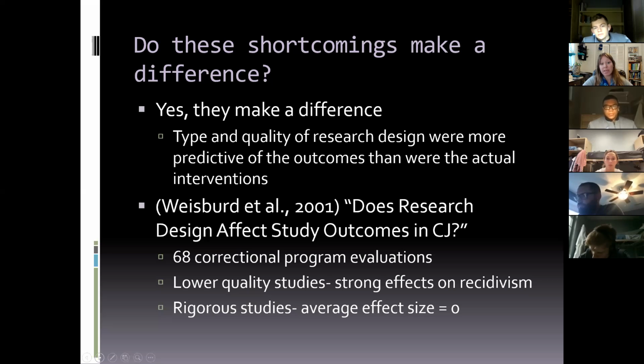So if we have a warden that says, all right, I want to implement a prison-based rehabilitation program, but they pull a bunch of studies and aren't aware of research methodology, and they find a bunch of bad research that shows that a particular program works, they're going to use a portion of the correctional budget, which comes out of our taxes, to implement this program that is not going to work. So you need to be at least somewhat aware of research methods so that you can understand if you should trust these findings, because correctional budgets are huge. They come out of our pockets. We want to make sure that the research they're basing these programs on is good research.